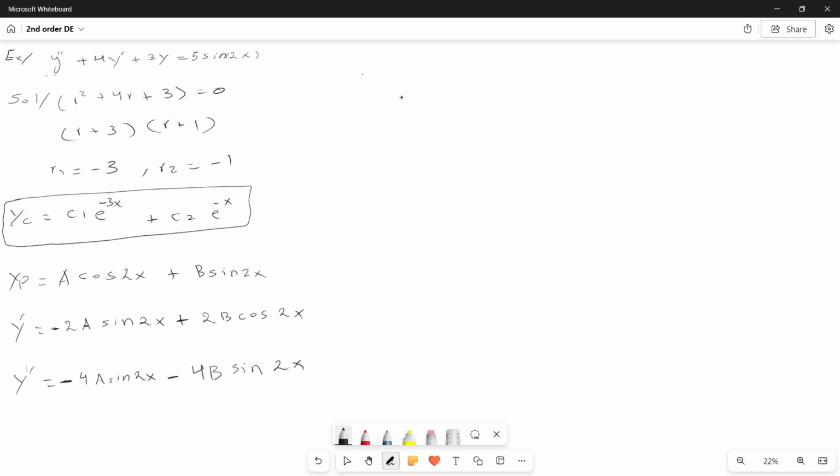Now we'll have to substitute the values of y double dash, y dash and y into our equation.